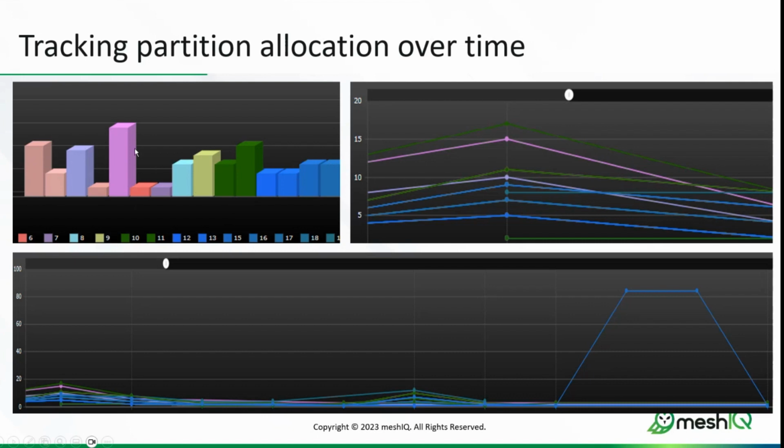Over a month, this would be much more interesting than just a dozen bars that I can get big enough to show on the screen. Here's a separate view where we're doing a line chart versus a bar chart, again showing where that activity is, what the different partitions are doing and when.